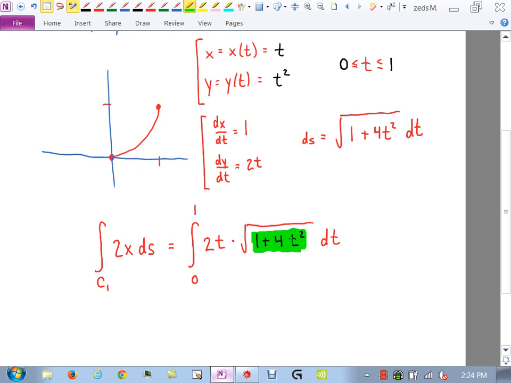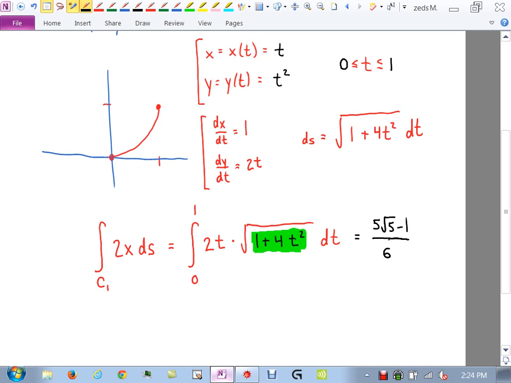I computed this, so let me tell you what that would turn out to be. If you finish that one off, which I won't, you should get (5 root 5 minus 1) over 6. A numeric answer there. Is that all right?